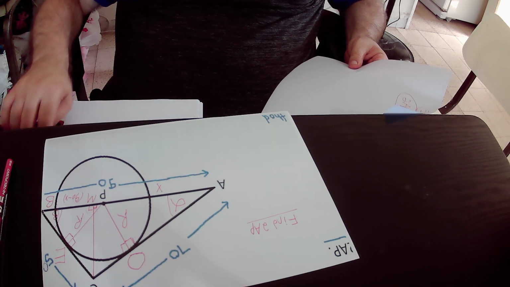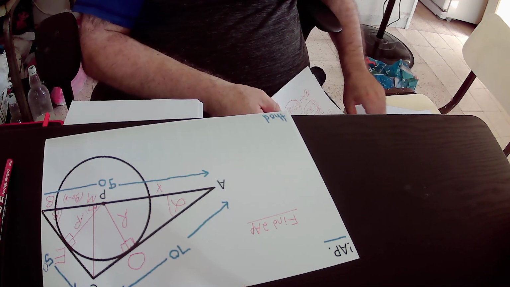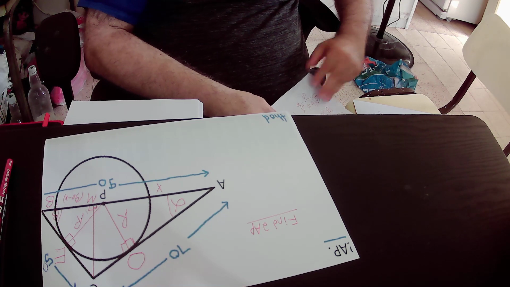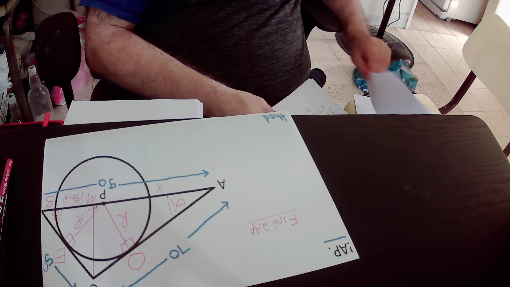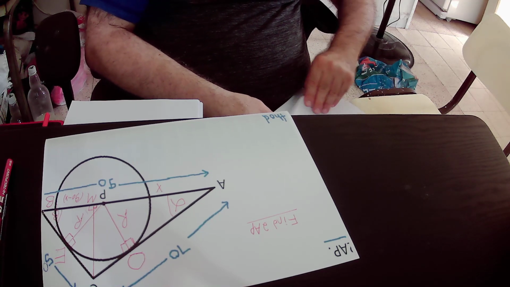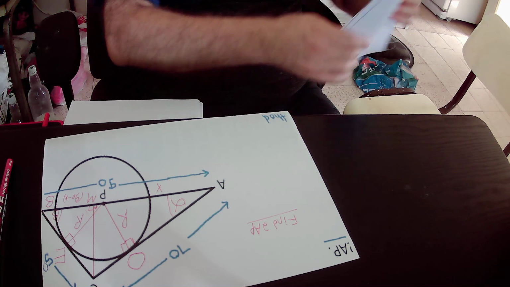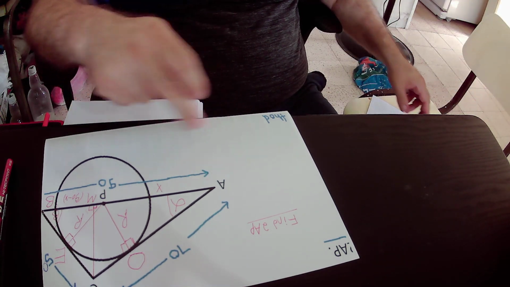Okay, so now I will summarize the lecture. We actually wanted to find the value of 2 times AP, and we have triangle ABC.